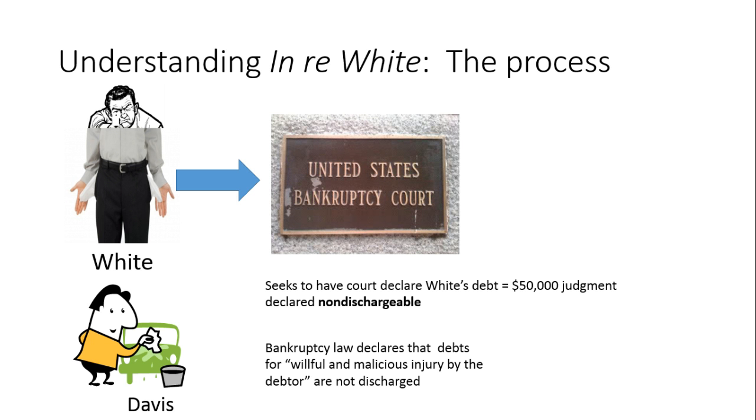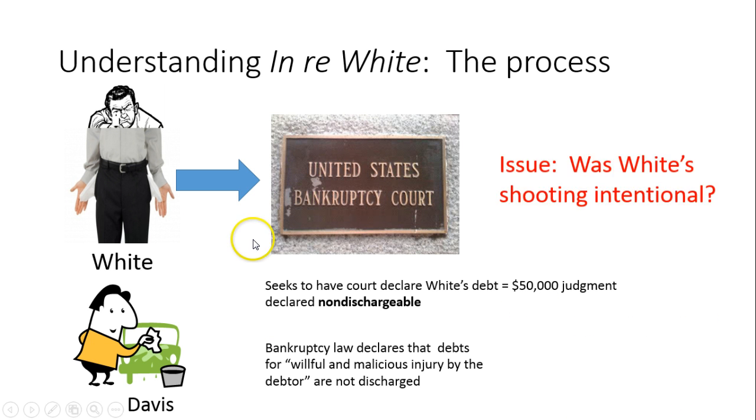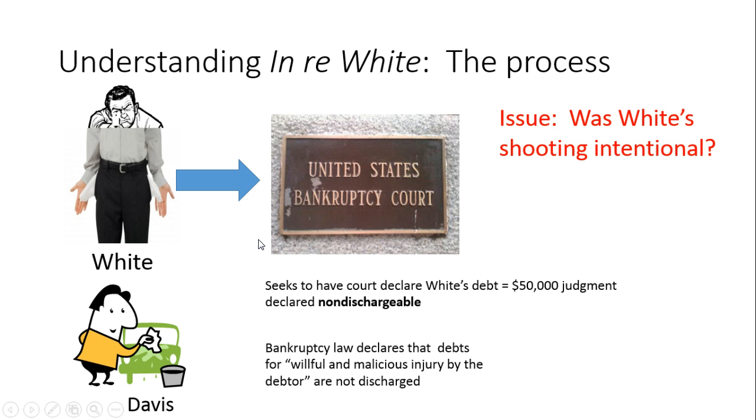So the reason this is in your torts book is this issue, whether or not White's shooting is intentional. If it is intentional, it's non-dischargeable, and Davis won't have to stand in line in bankruptcy court proceedings to get any kind of recovery. He can still have the recovery of the $50,000 judgment not being discharged in bankruptcy.